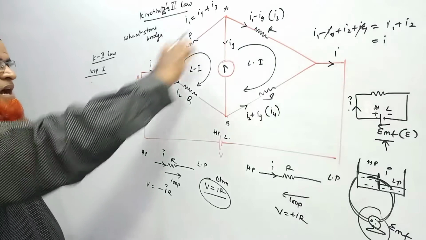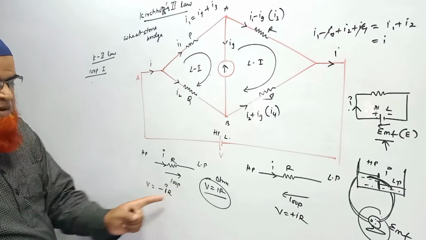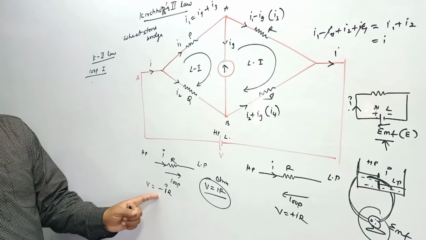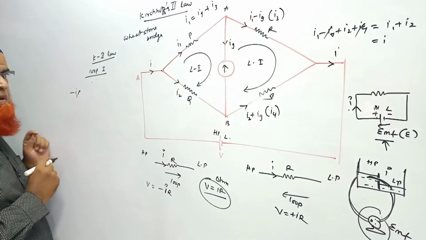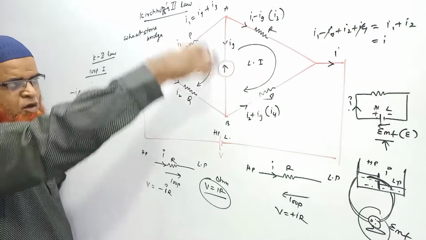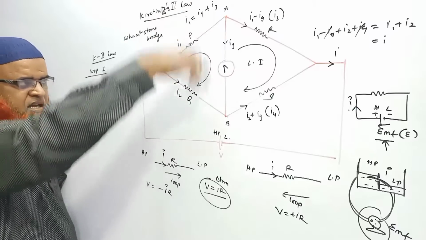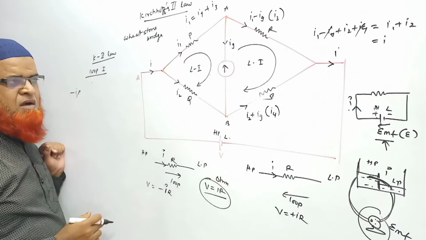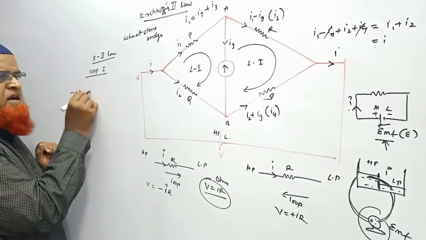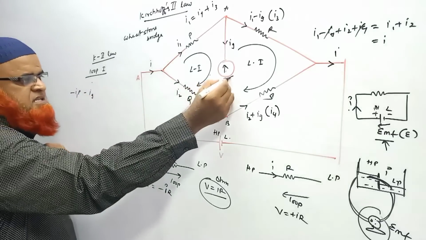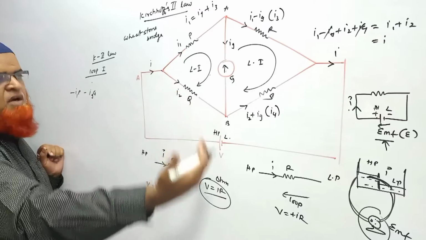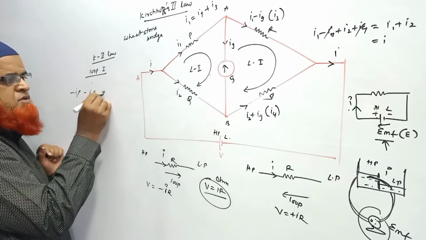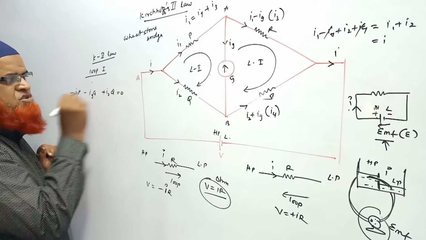Current and loop in the same direction will get you minus. So here you can write minus I1 into P. Here also current and loop in the same direction, clockwise. It can also be written as Ig, and this is taken as G. Now this is I2Q. In the opposite direction you are moving. So plus I2 into Q is equal to 0.